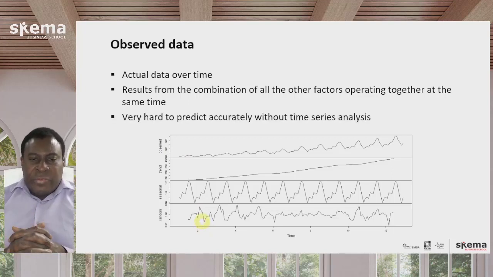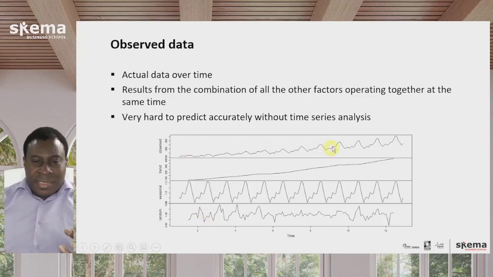And it's very hard to predict the future values of observed data without time series analysis, because other predictive approaches that do not use time series analysis might try to track the trend only. They might identify some aspects of what is random noise, but they miss the seasonality.